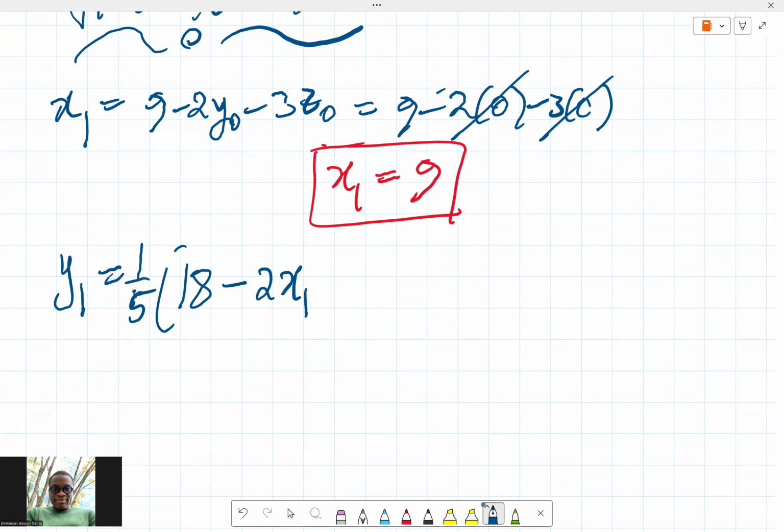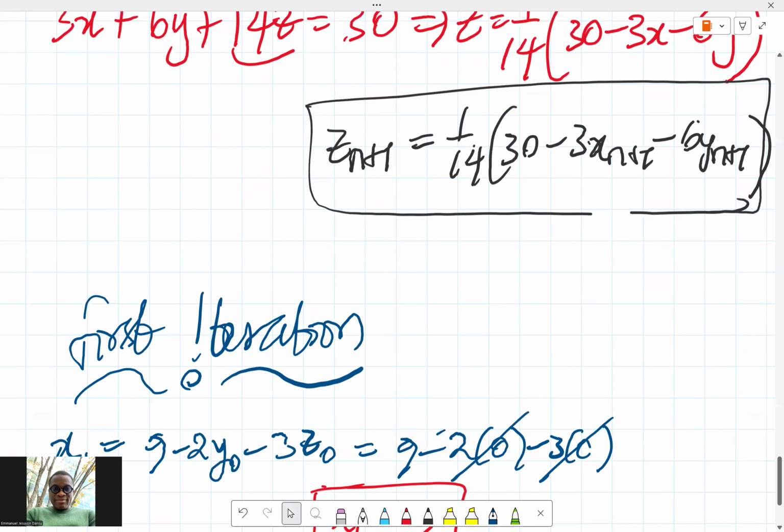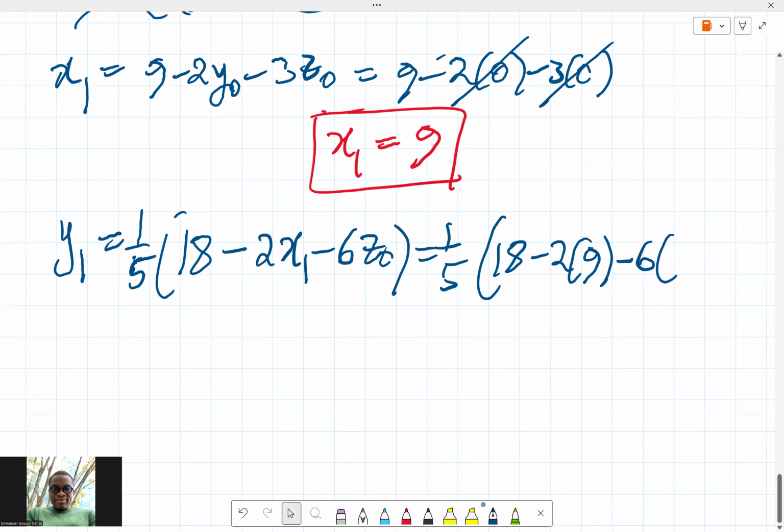You see, x1 is now at the same level because you have found x1 here, so you use it straight. Minus 6z0, because you don't know z1 yet. So you have 1 over 5 into 18 minus 2 times x1, which is 9, minus 6 times z0, and the z0 you started with is 0. So you use that just the way it is.